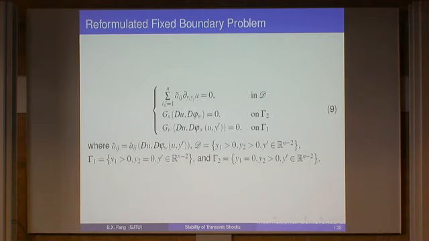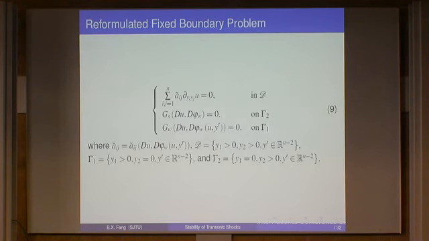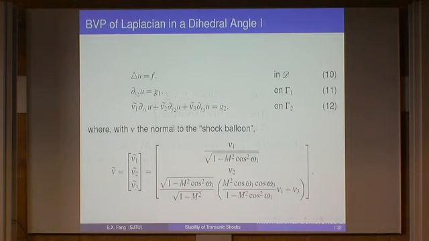Since the flow behind the shock front is a subsonic flow, in this case this is a second order elliptic equation. So basically, the model problem we investigate is the Laplacian, with this boundary condition on the wedge, and this boundary condition linearized on the shock front.